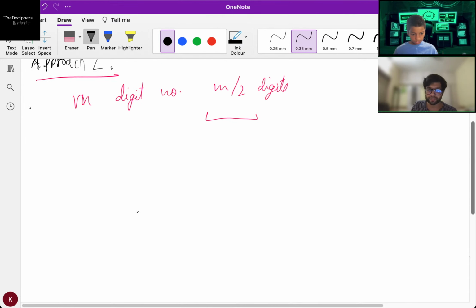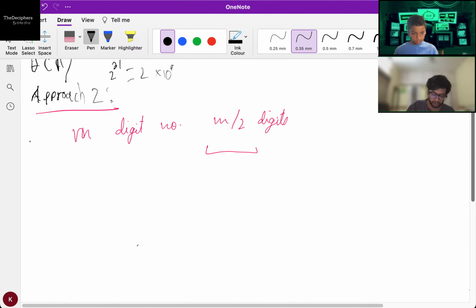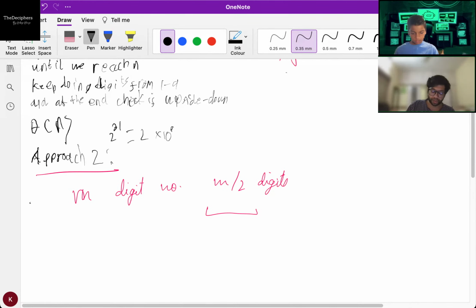Also, a very trivial observation: if the number of digits is odd, what will the middle digit be?